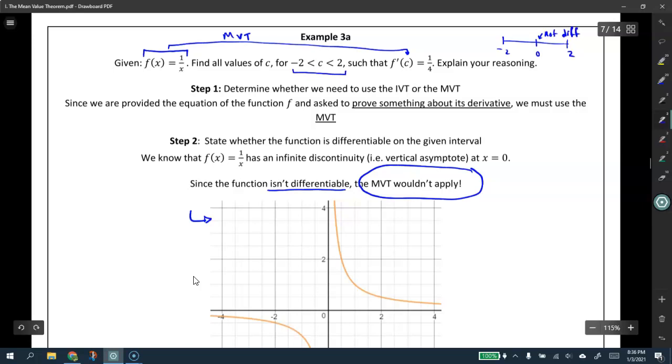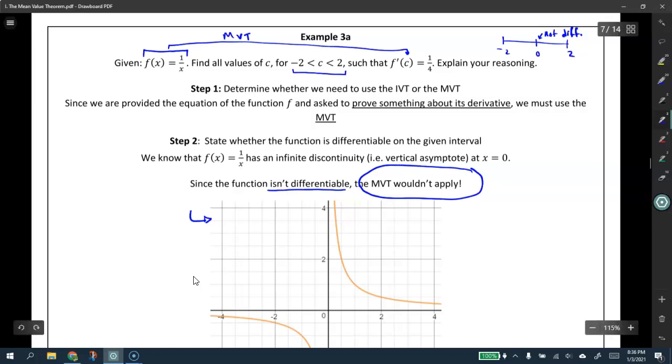And the theorem only works as long as the derivative can be taken everywhere on that interval. And so that is pretty much where the problem stops, right? We don't actually go any further with that.